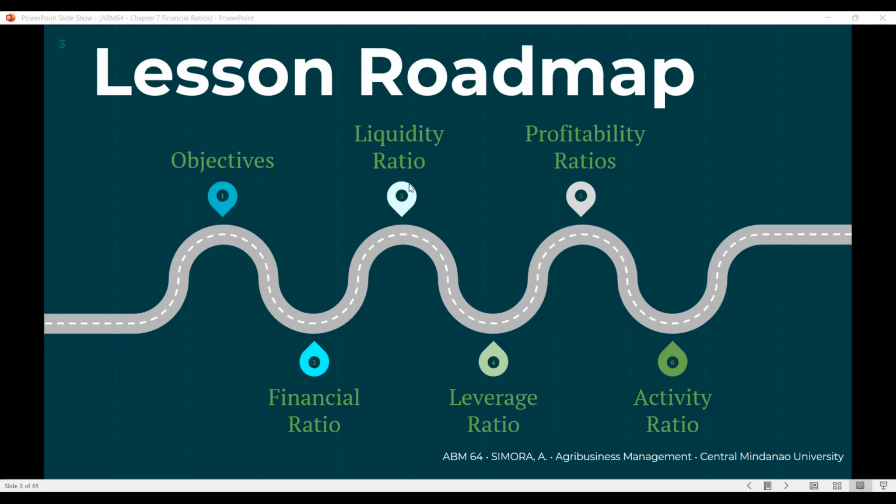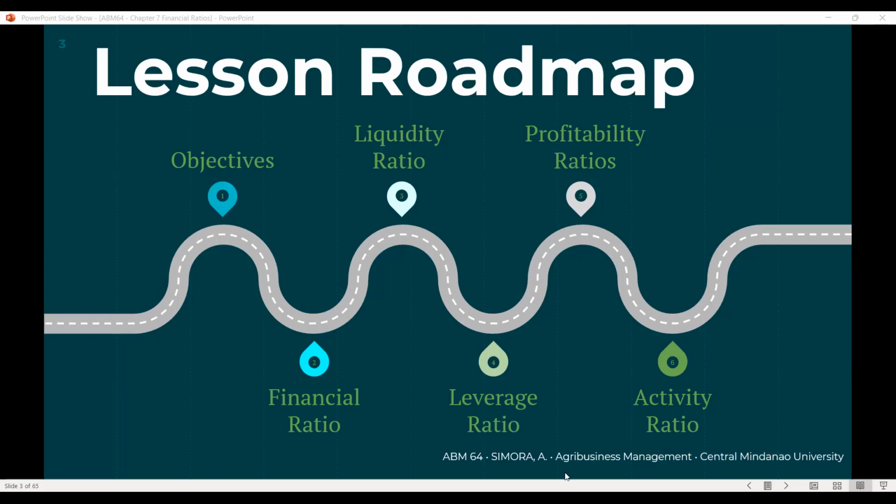We also have sub topics or sub ratios in each of these main types, whether we focus on how liquid our company is, our assets, our leverage, or how profitable our company would be given the following elements.